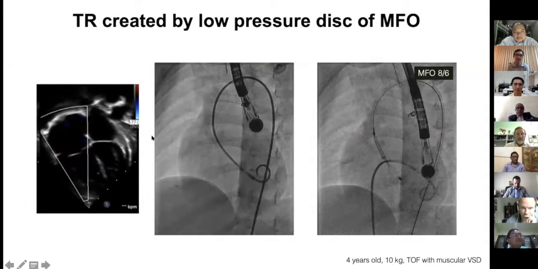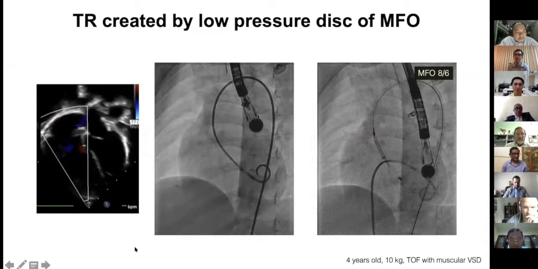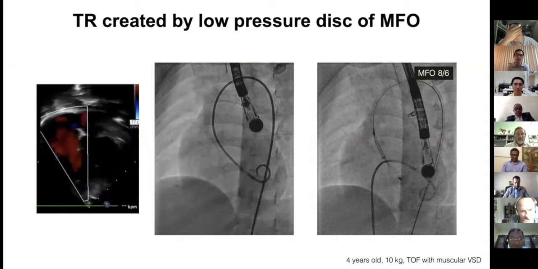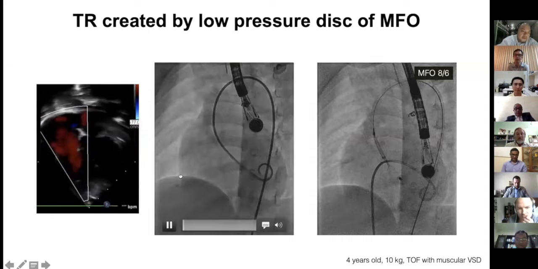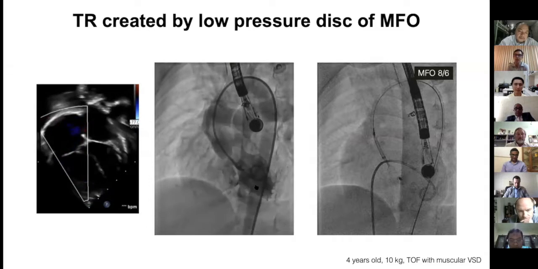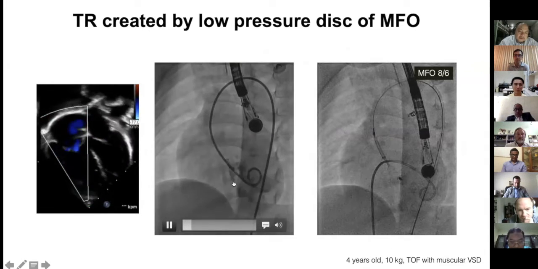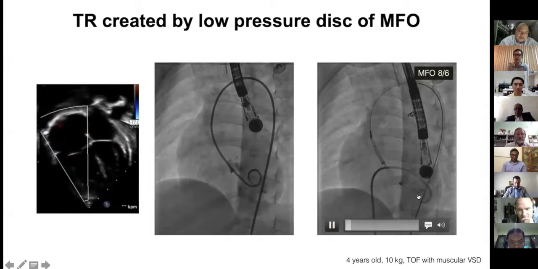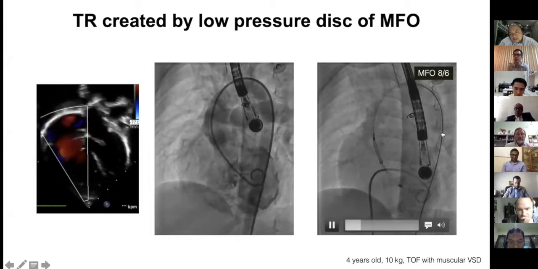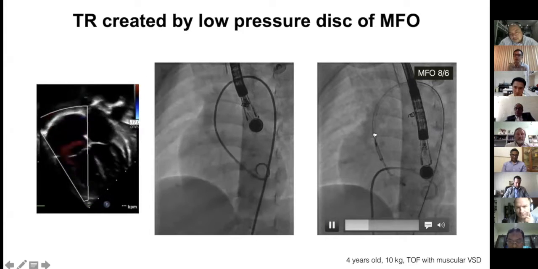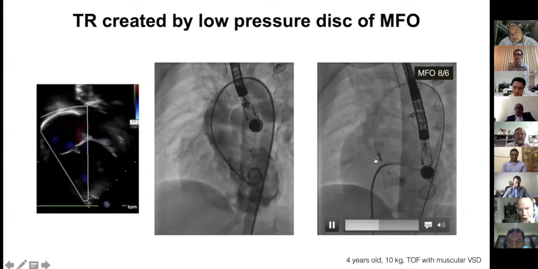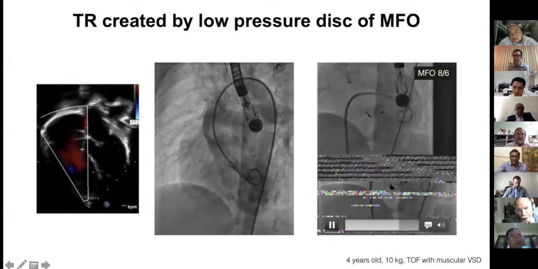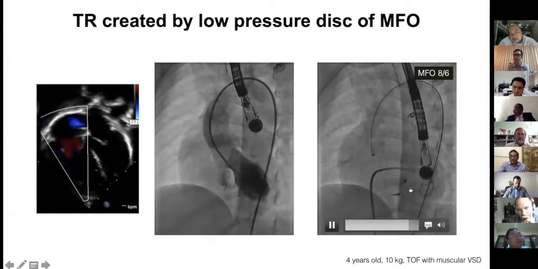Well, this is a patient that has a muscular VSD, you know, for the TOF. So our surgeon requested us to close the muscular VSD before the patient went for complete repair. So here is the muscular VSD. And when we tried to deploy the device, this is a very peculiar course, but just to share with you, this is the aorta coming back through the aorta to the right ventricle, crossing the VSD, and then getting to the left ventricle.